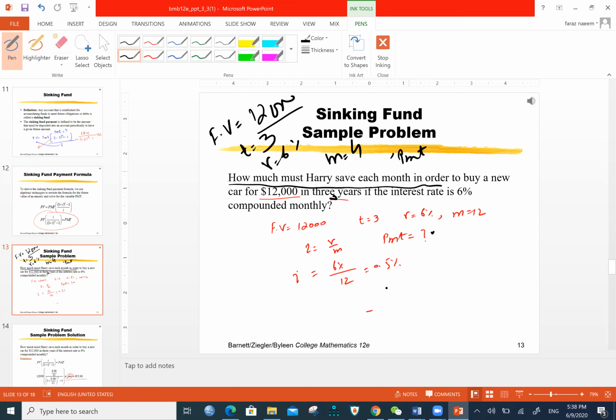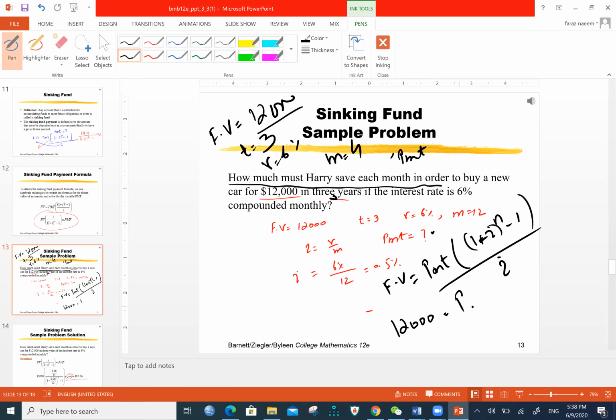You need to calculate PMT. You know the formula: FV equals PMT times (1 plus I raised to power n, minus 1) over I. Substitute the values: 12,000, we need to find PMT, 6% over 12 raised to power M times T, 4 by 3, divided by 6% over 12.